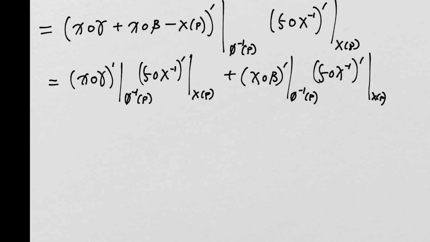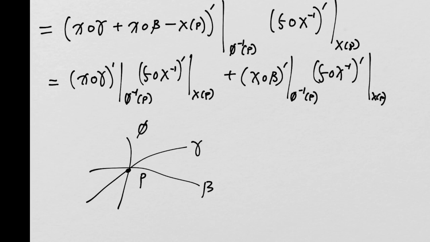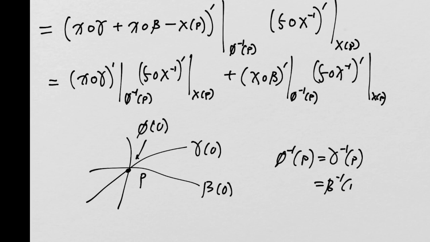So let's keep going. Now remember, we agreed that at the point P, all the curves, for example gamma, beta, and by construction phi, we all have it so that the zero value of the parameter equals the point P. So it is true that phi inverse of the point P equals gamma inverse of the point P equals beta inverse of the point P. Which means that if I'm standing at the point P and I pull out the parameter value of the phi curve, that parameter value is going to be the same as the parameter value for the gamma curve and the beta curve.